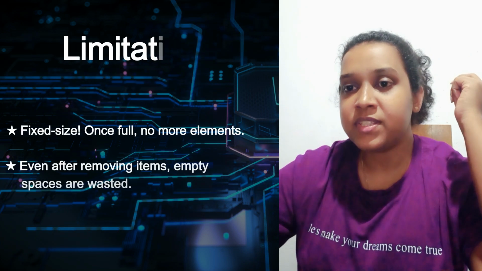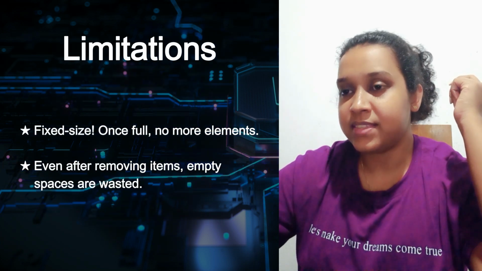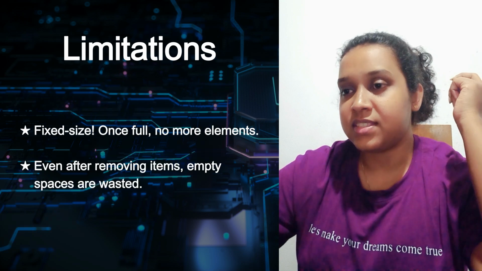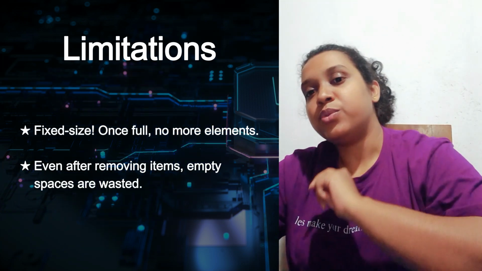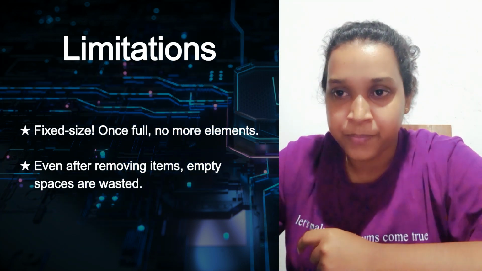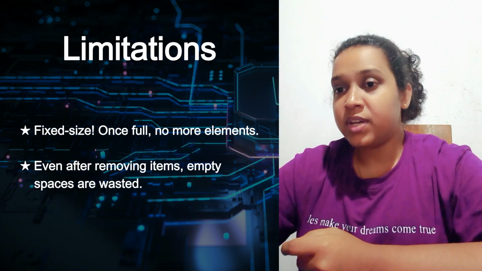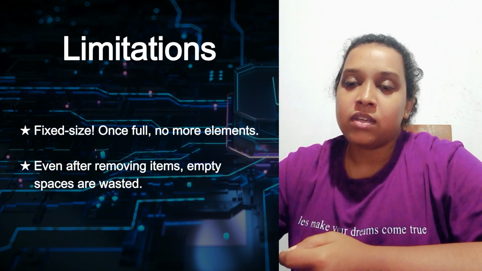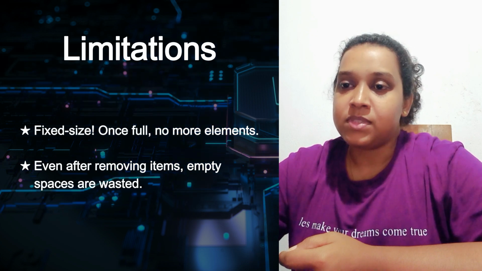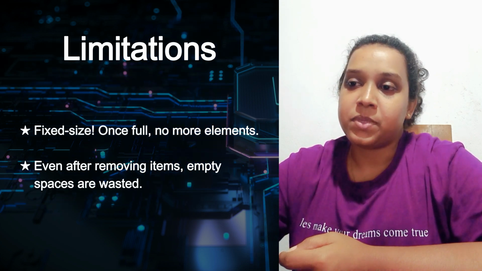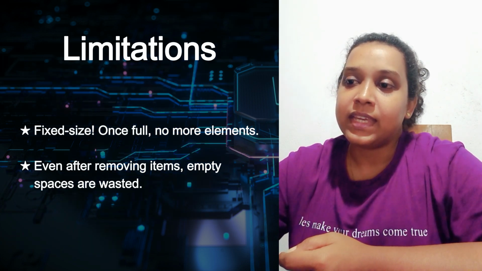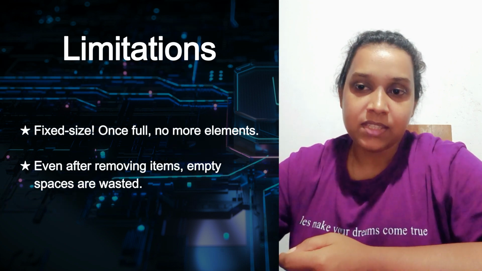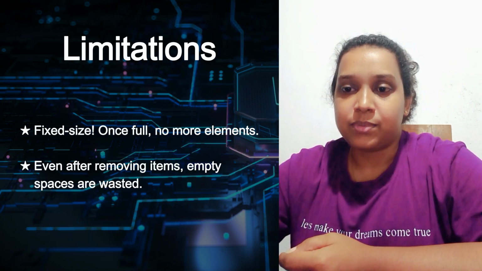Now, the downside of using an ArrayQueue is that it has a fixed size. Let's say you define a queue with a capacity of 5. Once the queue is full, you can't add any more elements. Even if you dequeue some items, the queue doesn't reuse the empty spaces. So you could end up with unused space if you are not careful.